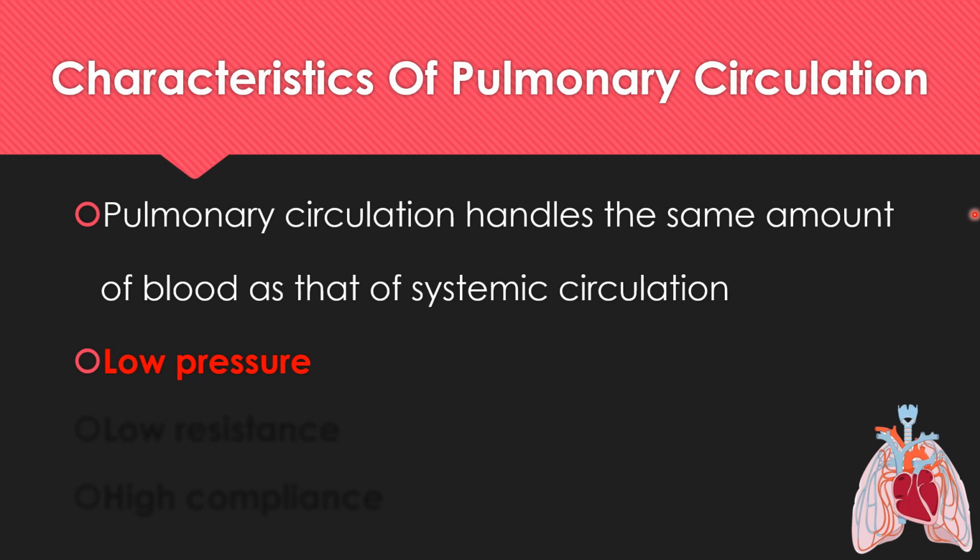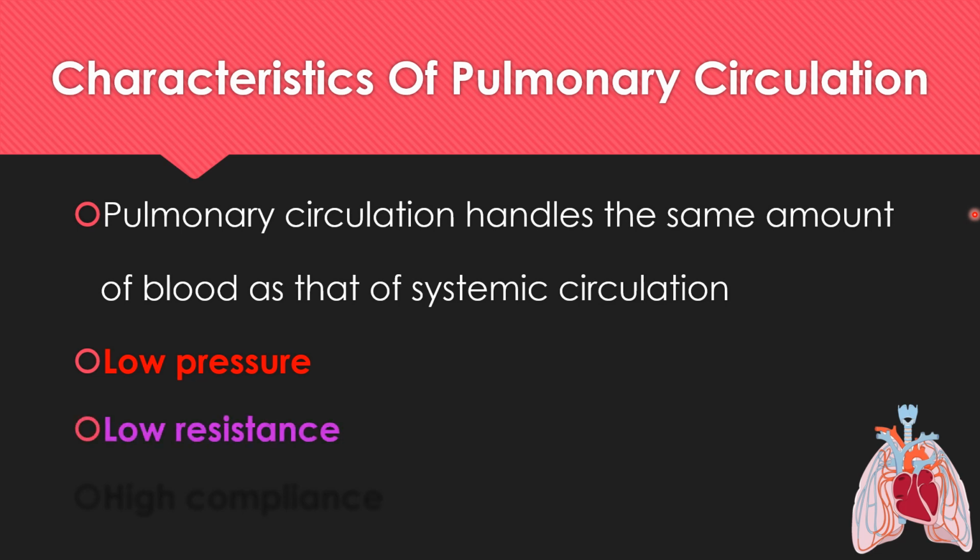As the lung has other functions, in spite of that it pumps enough blood. So it is called low pressure. It has only a very low pressure system, and then low resistance.